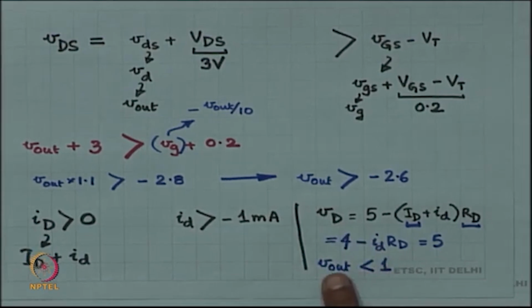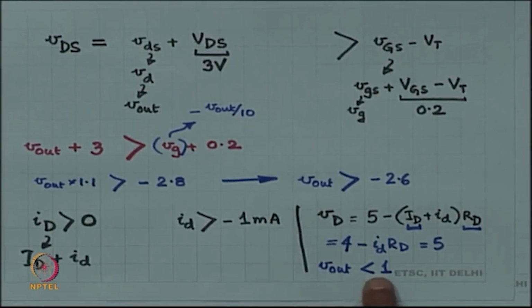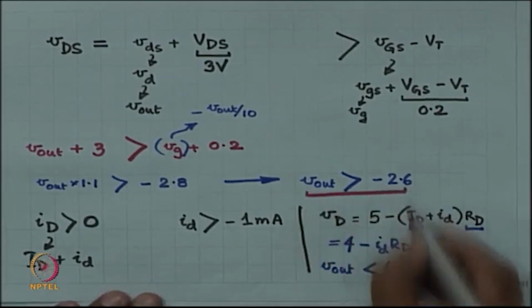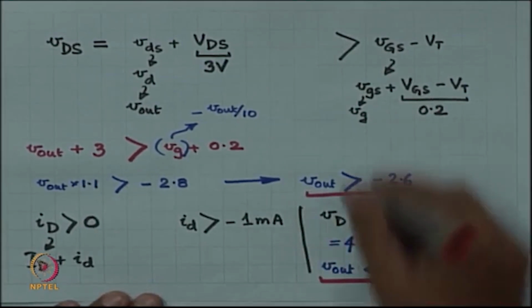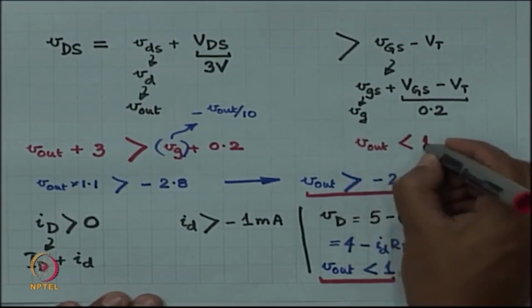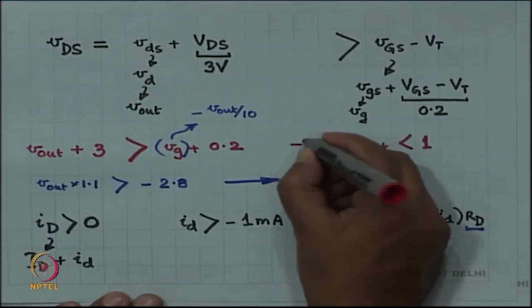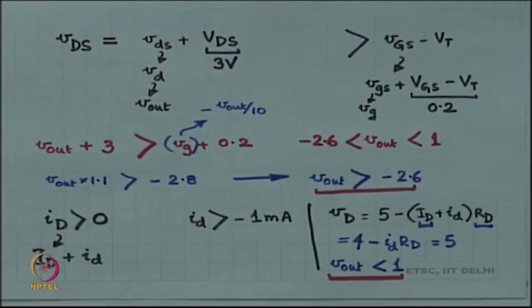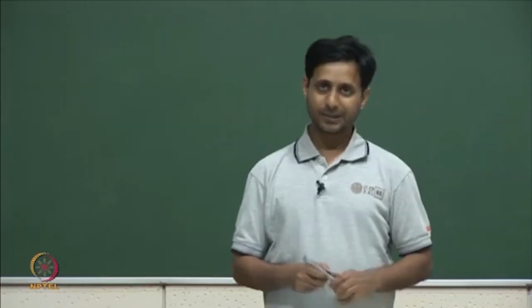That means that the excess is limited to 1 volt. So, this tells you the two limits. Okay. So far so good? All right. Let us change the problem slightly, slight change.